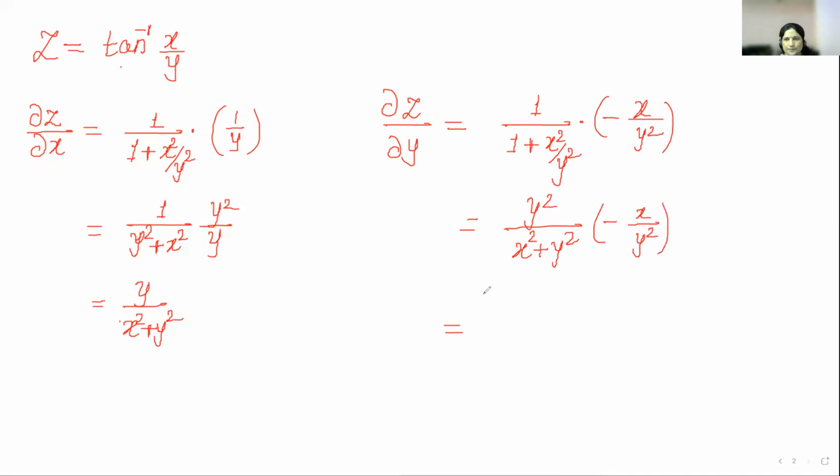The y square will cancel, and here the answer is minus x upon x square plus y square. Okay, this is the partial derivative of z with respect to x and with respect to y.